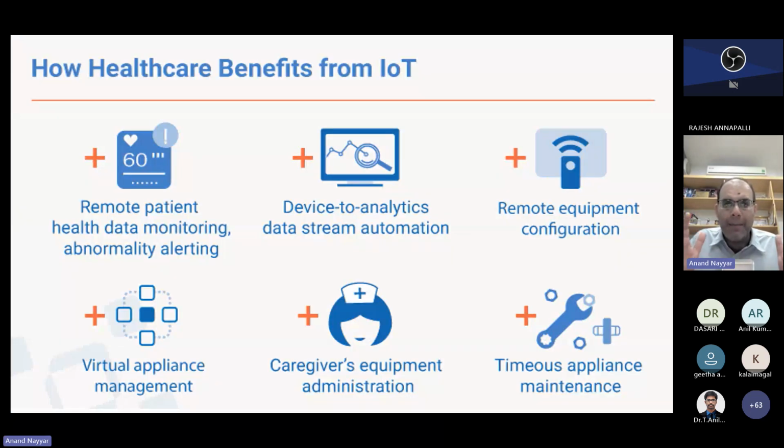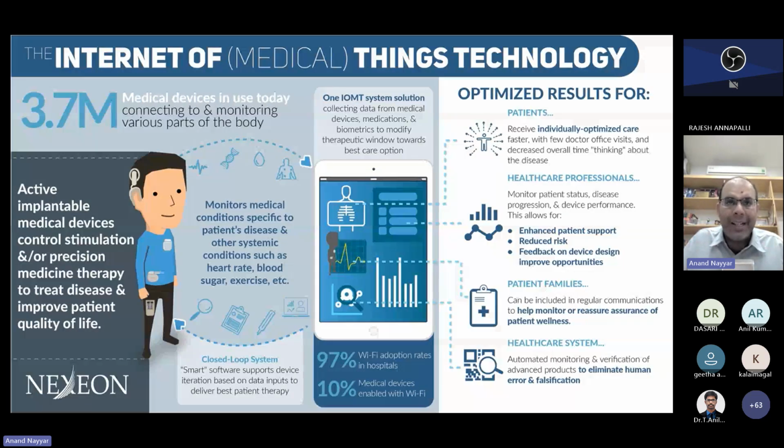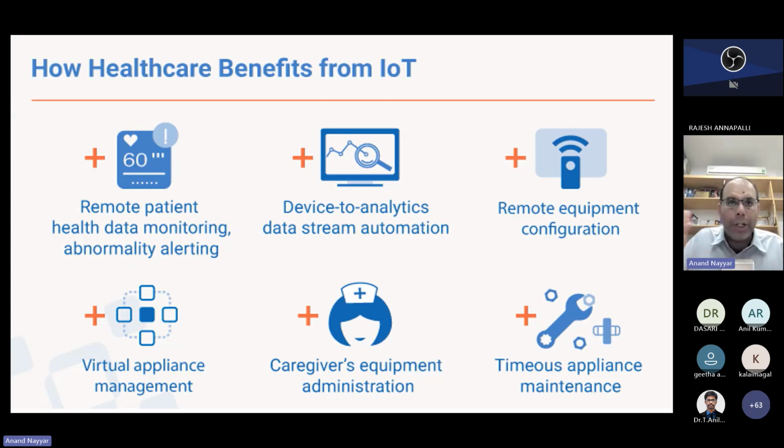So healthcare is benefiting from IoT in terms of remote patient monitoring. If you have an integrated Apple Watch or integrated sensors, this can be done to remotely check you. With device-to-device analytics, we can perform timely equipment updates and firmware updates, and everything becomes secure.